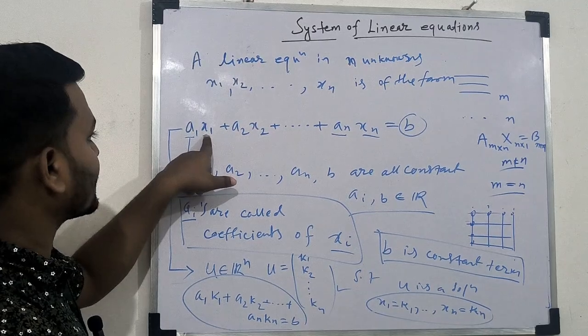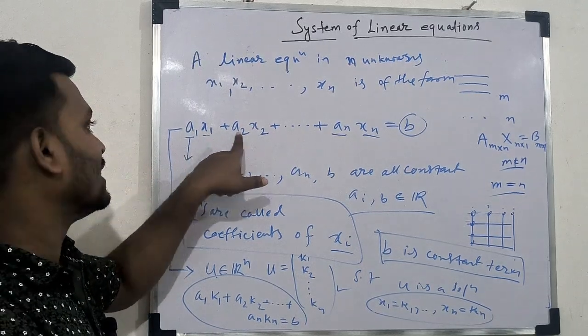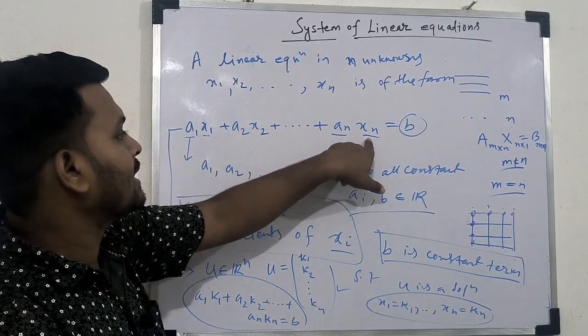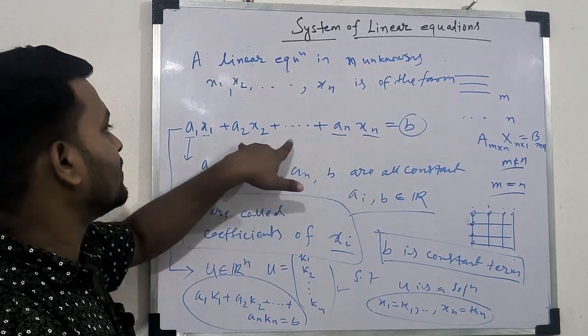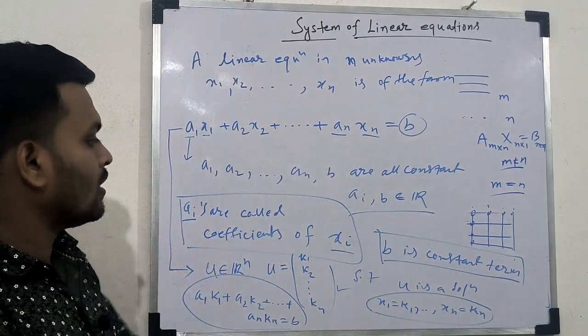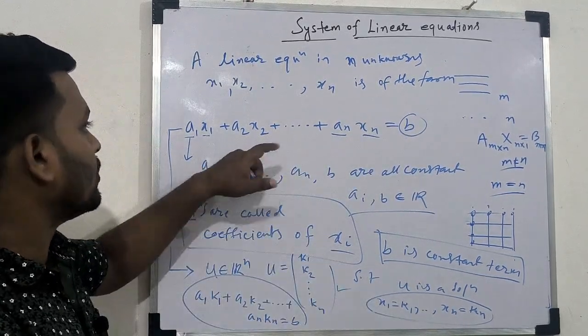So if we put k1 in the place of x1 and in such way kn in the place of xn, and then this equals b, then we call this the solution of this linear equation.